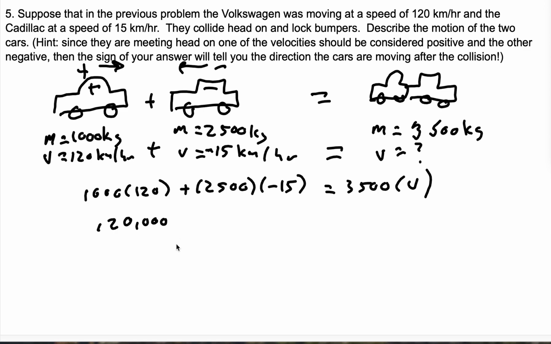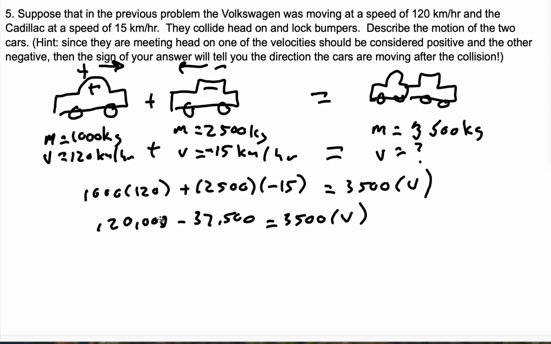Oh, there we go. So it's negative 37,500. That's what I thought it was, but I didn't want to make a big mistake. And instead of writing plus negative, I'm just going to write minus. That means the same thing.